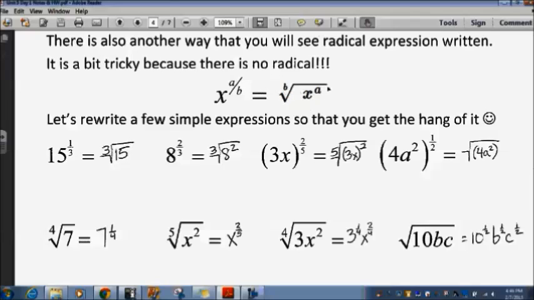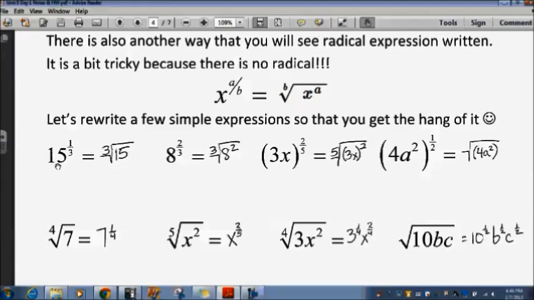This is radical form because there is a radical sign here. If you wish to convert from exponent form to radical form, whatever your denominator is in your exponent becomes your index in the radical form. So you would just simply take that b, or whatever your denominator is, make it your index, and then x to the a. Let's just practice with this.